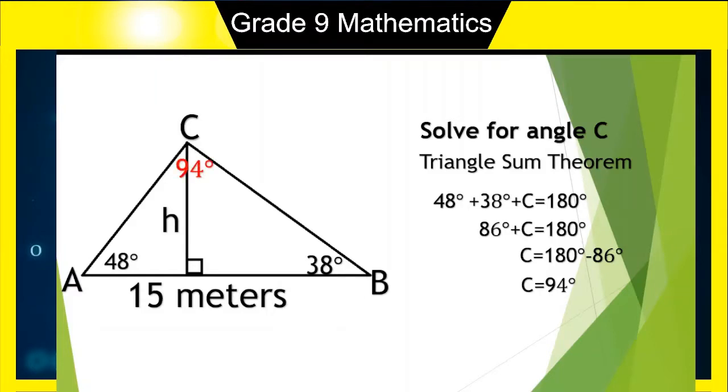As we can see, we have opposite pairs, which is side C, 15 meters, and angle C, 94 degrees. So we can apply the law of sines.